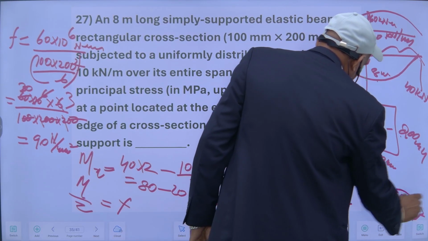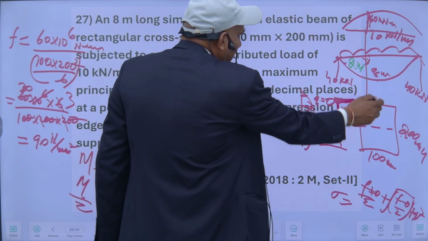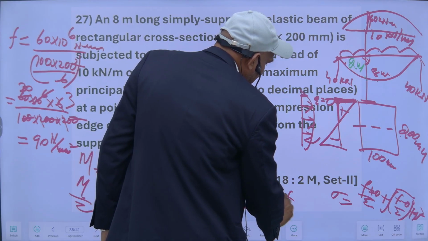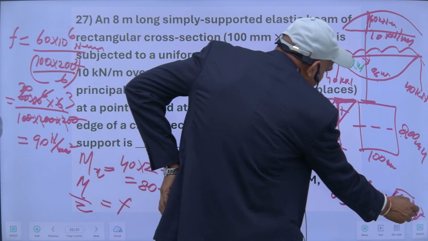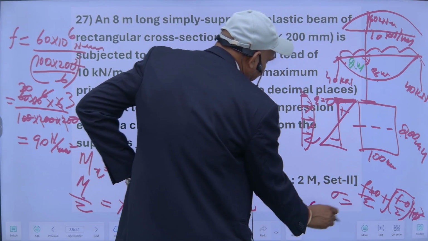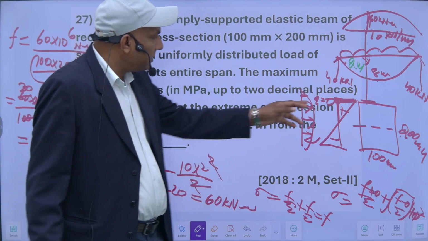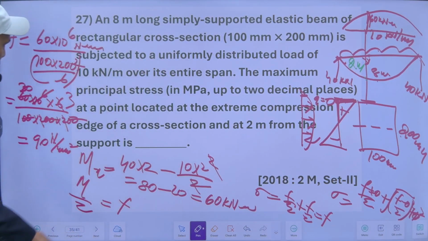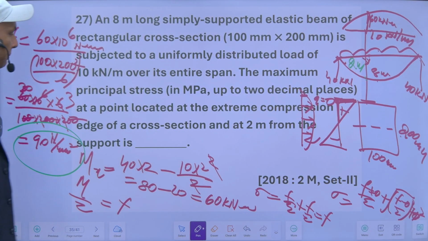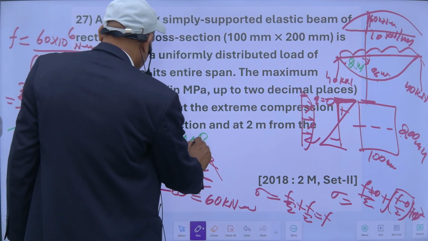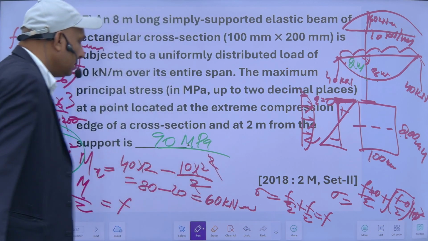On this face bending stress is maximum, and Q is also 0 here, so this will be F by 2 plus F by 2, which means F. It means my maximum principal stress here is equal to the maximum bending stress, 90 Newton per mm square. So the answer is 90 megapascal or 90 Newton per mm square.